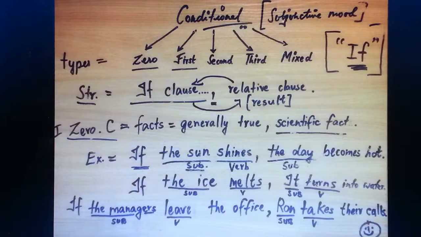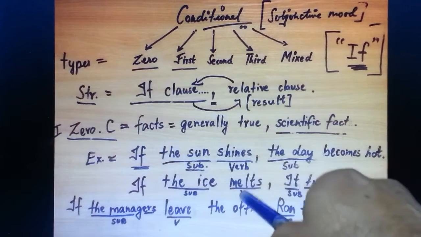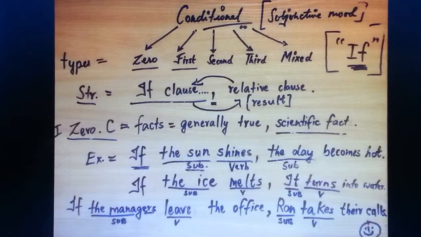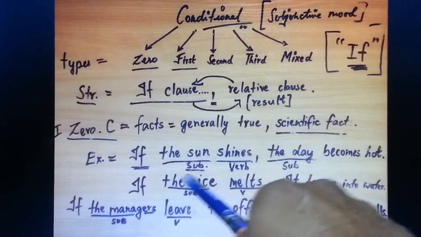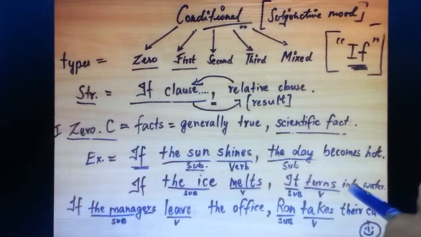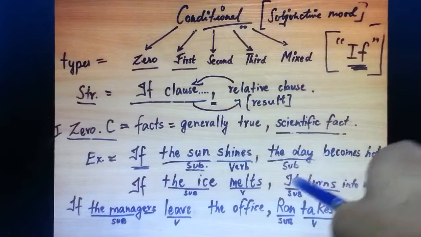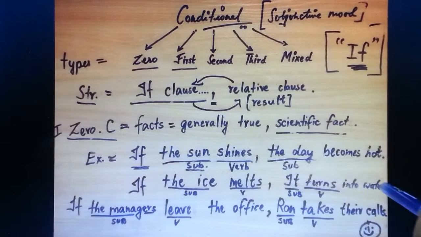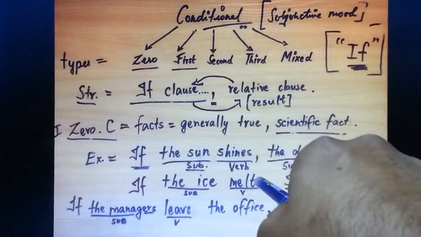So let's try. The ice turns into water if it melts. So once again, if the ice melts, it turns into water. The ice turns into water if it melts.